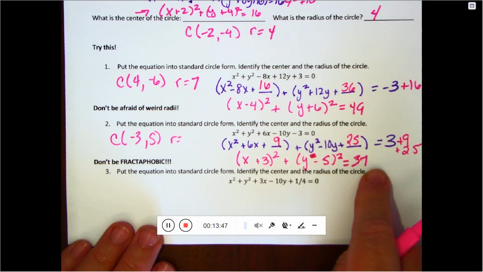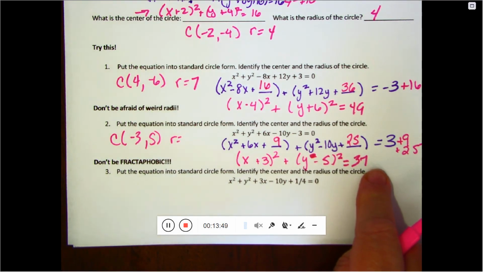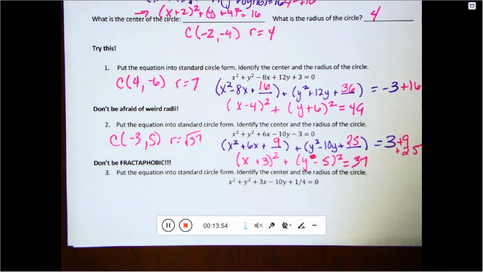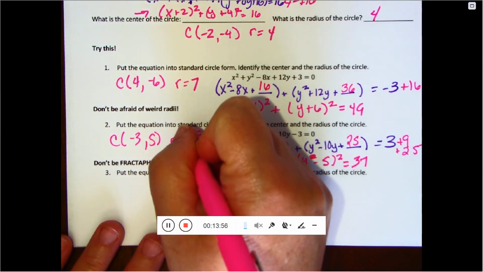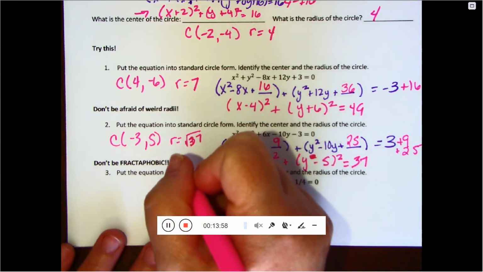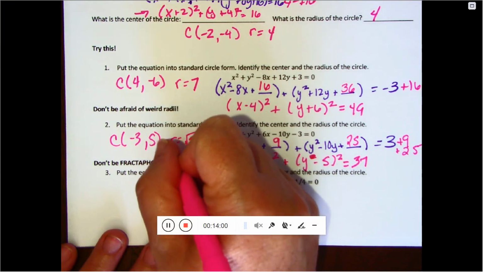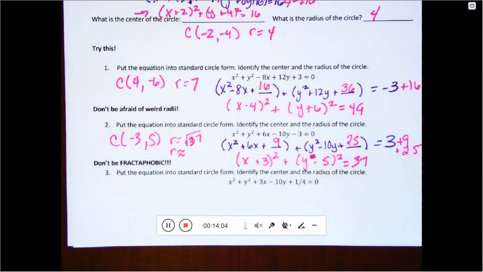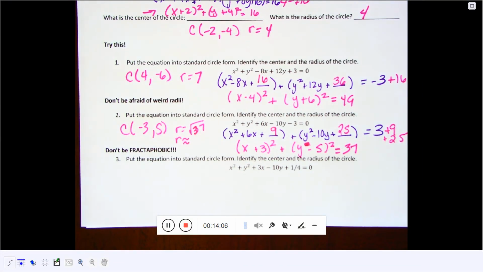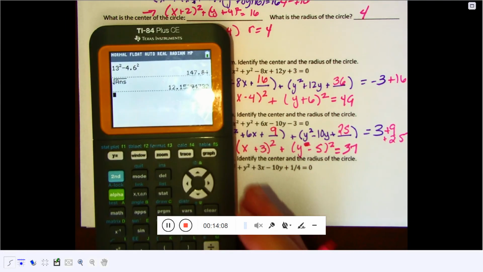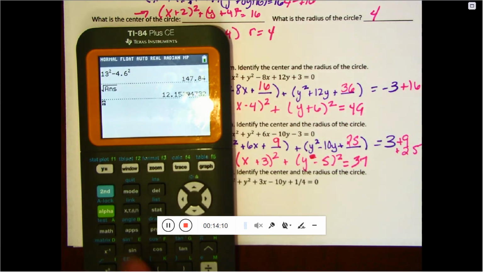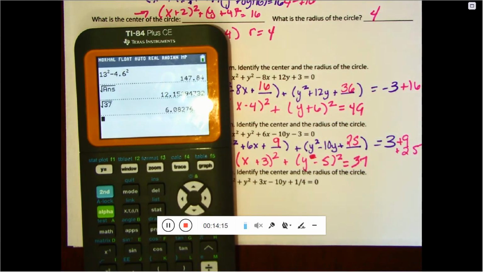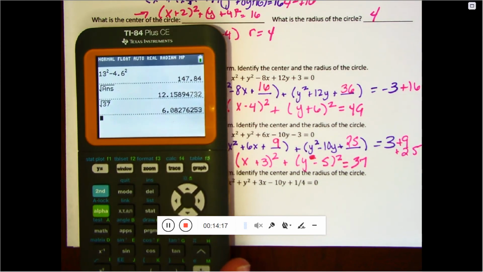And since you can't easily take the square root of 37, we're just going to leave it as the square root of 37. Now, if you were going to graph it, you would have to get the decimal approximation of that. So I'm going to put approximately, and I'm going to get out a calculator, and I'm going to do square root of 37. Because if you were to graph it, you need the approximation. It's about 6.1.